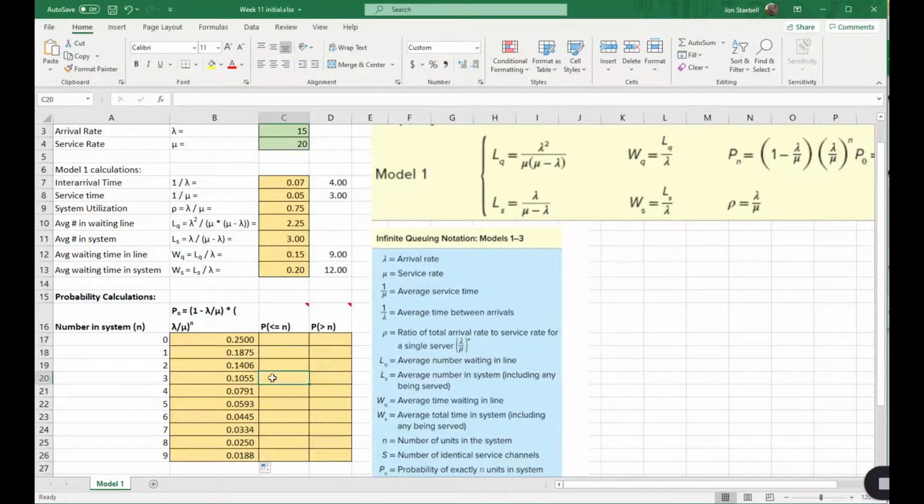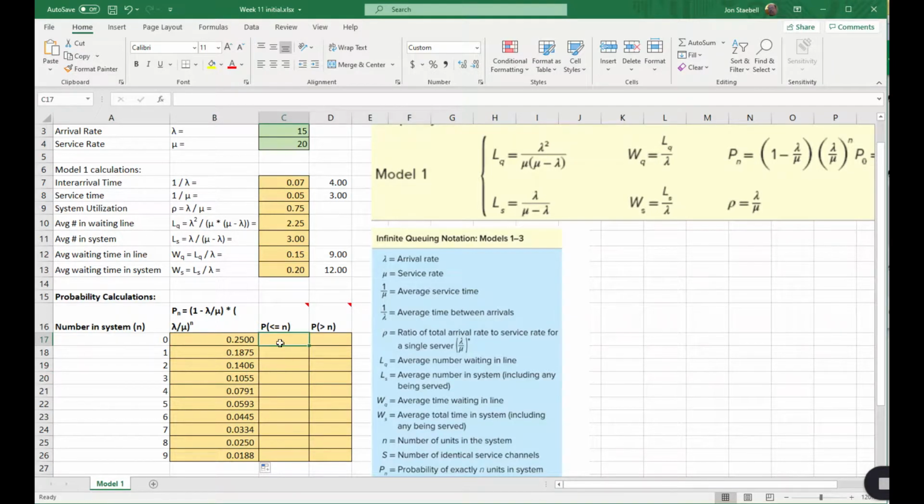So to calculate this cell right here, C20, I want to add up all of these probabilities and say that's my probability that it could be any of those 4 cases, either 0, 1, 2, or 3 in the system. So how do I do that?